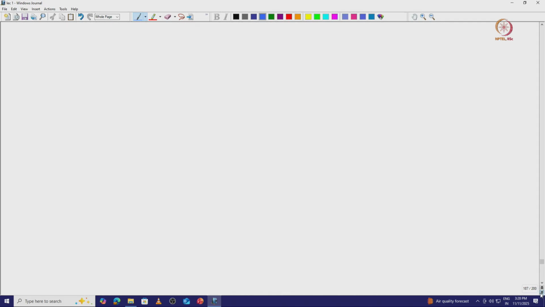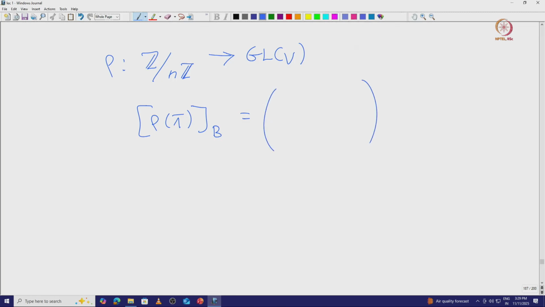So, we started with a finite dimensional representation of this cyclic group, and then we could immediately see that using the action of this rho of 1 bar, that is good enough, and then we constructed a basis, and with respect to that basis we got this matrix rho of 1 bar with respect to B as a diagonal matrix.